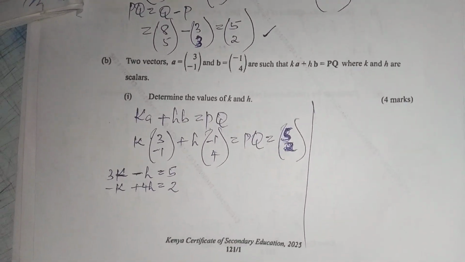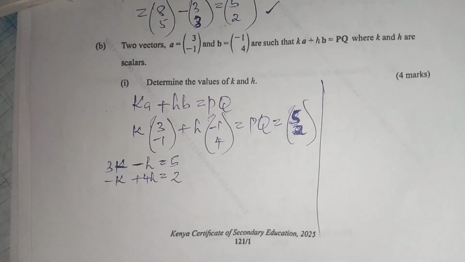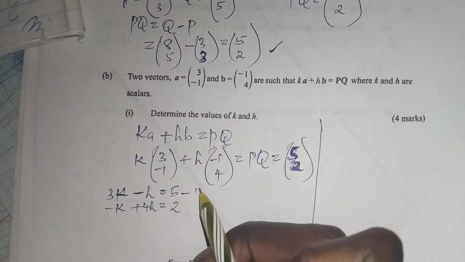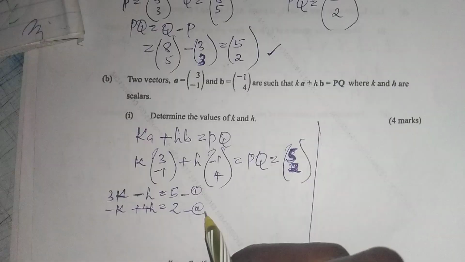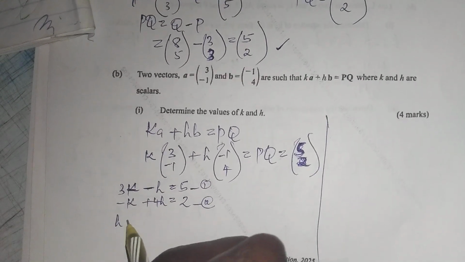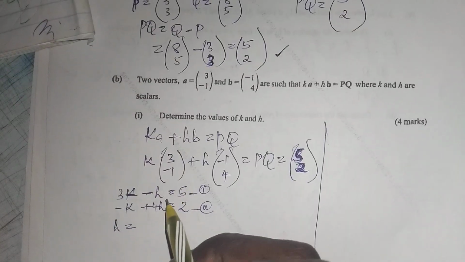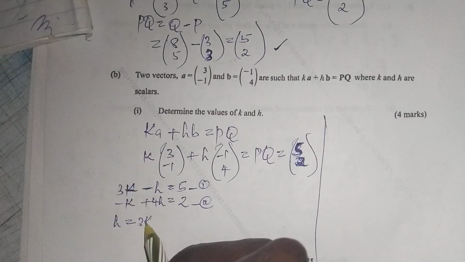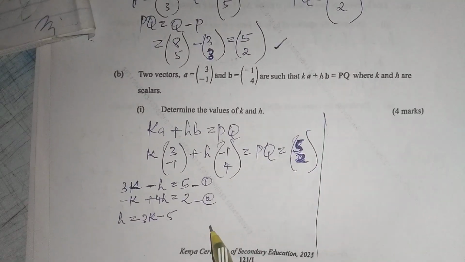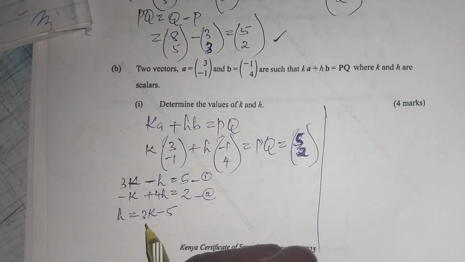So you just solve these two simultaneous equations. This one is equation 1, this one equation 2. For equation 1, make H the subject. Now we shall have 3K minus 5.